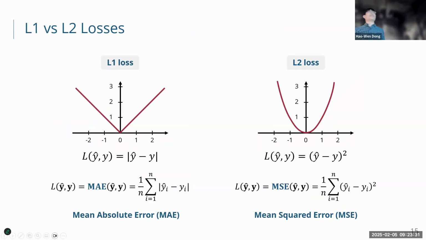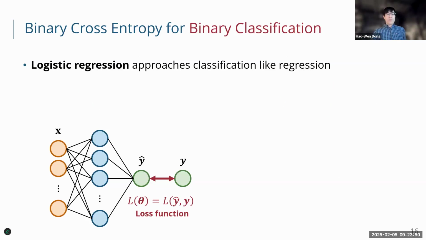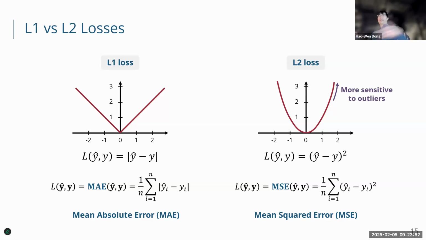In real life, this is the actual form rather than the simplest form at the top. We have to sum over the whole bunch of examples that you have, but pretty much it's just aggregating and averaging out the difference.